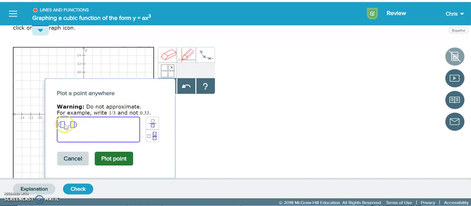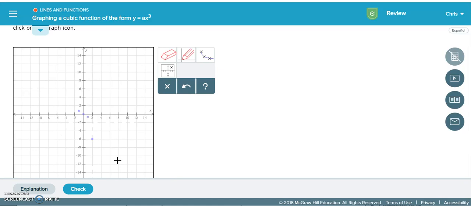So type that one in: negative 1, comma, 3/4. And then negative 2, 6. And I can use the pencil for that one. Negative 2, 6.